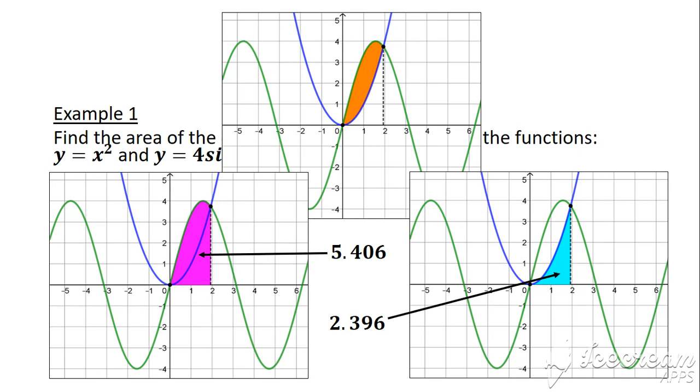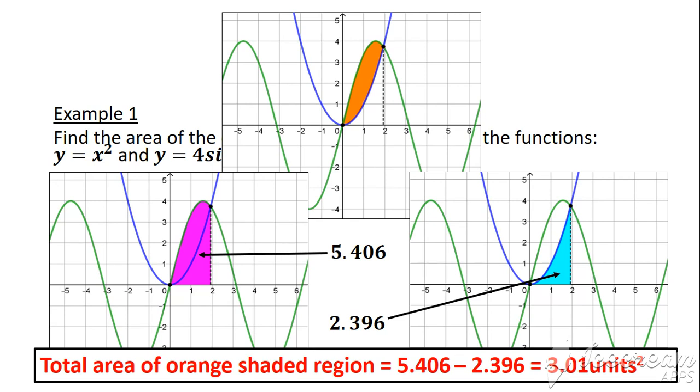The area of the light blue section I calculated to be 2.396. So what I'm going to do to work out the area of the orange section is subtract these two values, because I'm going to take the entire pink region and take away the little light blue bit, and that should leave me with the orange section left over. So when I subtract them, it gives me an area of about 3.01 units squared.